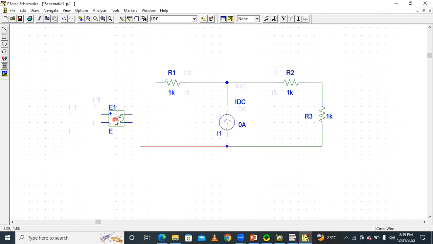Then how do we connect the dependent source? This is the voltage dependent voltage source.